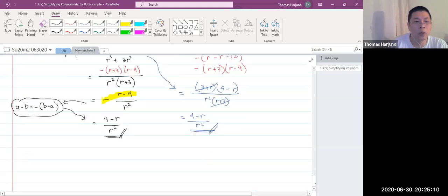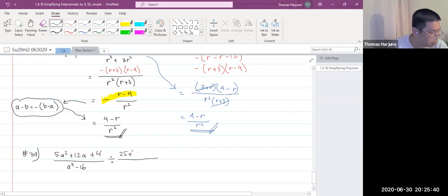Number 34. What happens if we divide two rational expressions? 5a squared plus 12a plus 4 over a to the 4th minus 16 divided by 25a squared plus 20a plus 4 over a squared minus 2a.